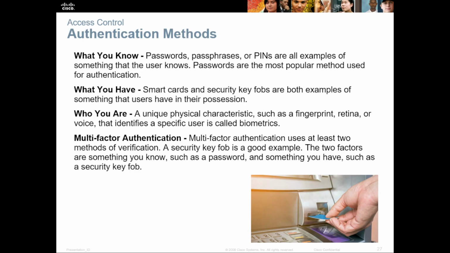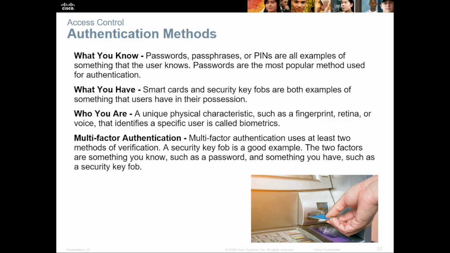So now, even based on the identification controls, how do you authenticate the identifier? So how do you know, or how do you verify the subject? So there are three things that are mostly used, which is what you know, what you have, and who you are. So what you know could be passwords, passphrases, or pins. So these are examples of things that the subject would know.